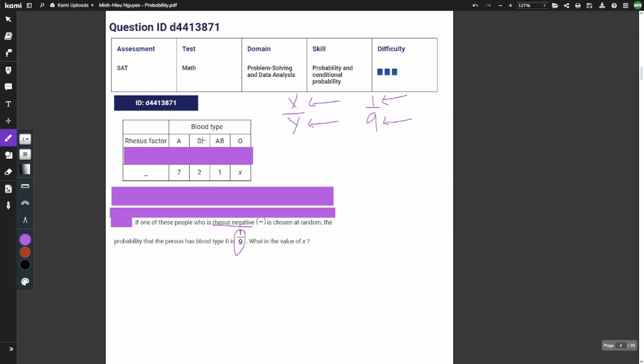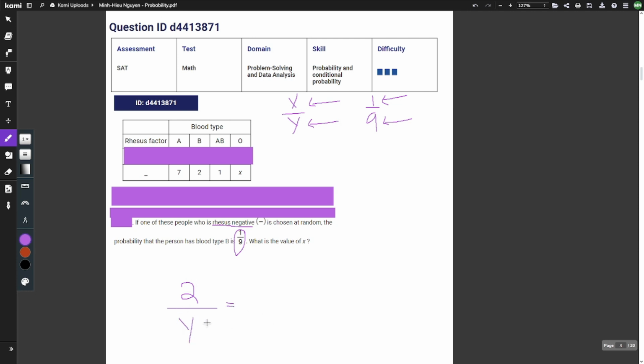Now that we know that, we can also set up another probability fraction with information from this table. So first, the number of people that have blood type B is 2, and we're just going to put y for our total.